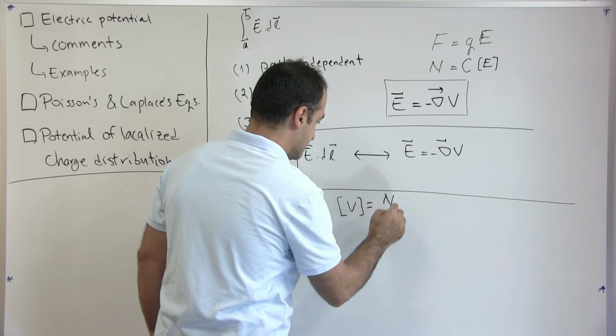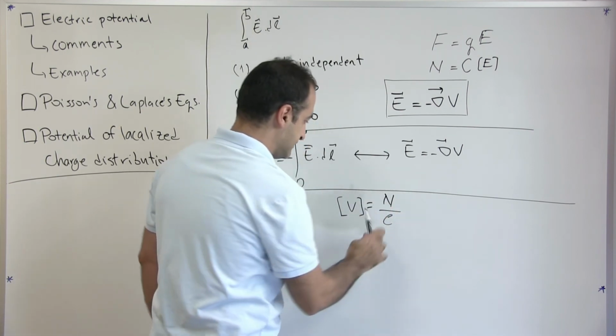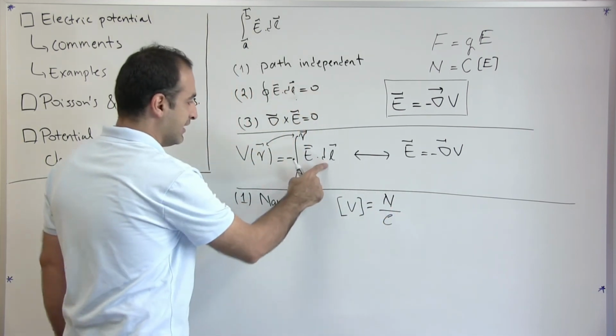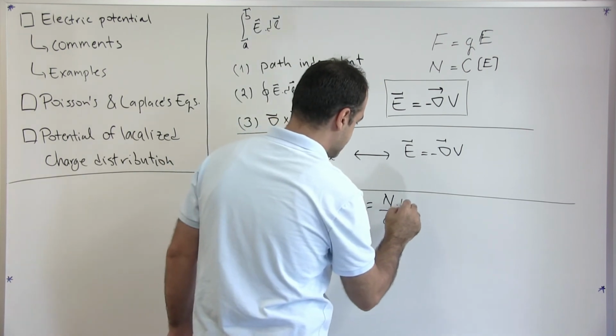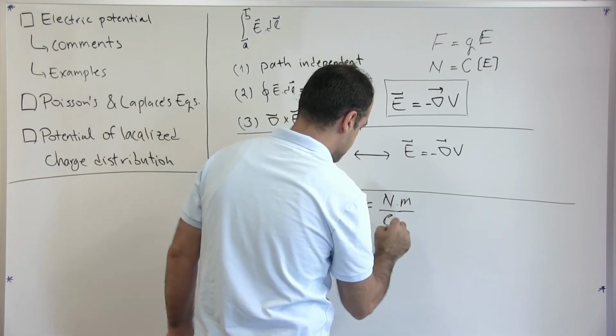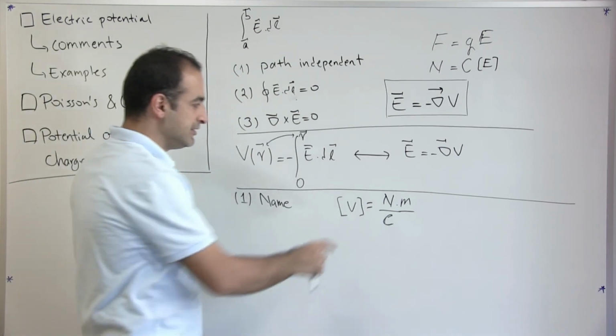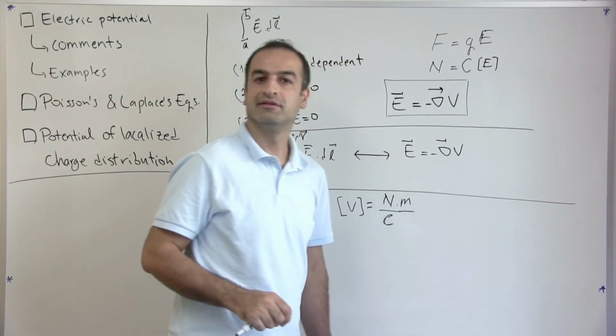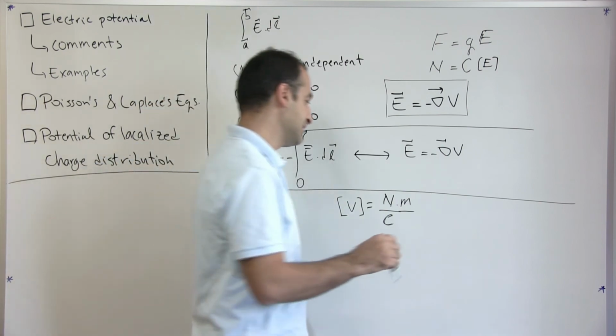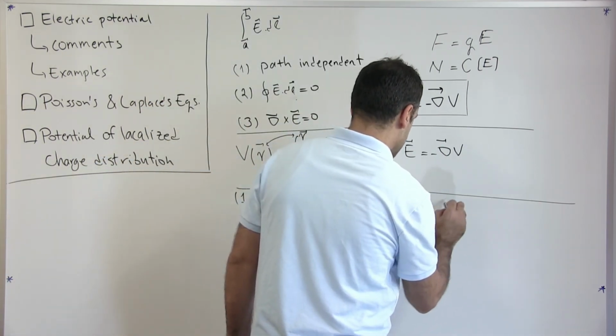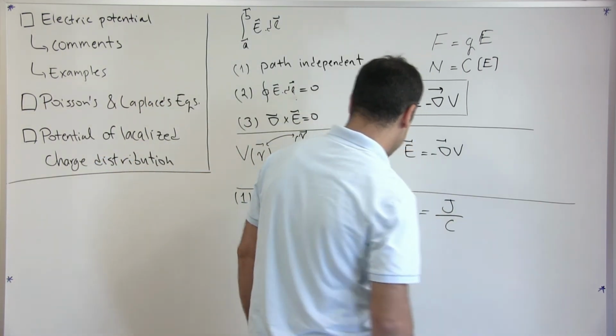So Newton over Coulomb. And then we have dl here, which is meter. These are all SI units. Newton meter over Coulomb. Newton meter is energy, right? So that is Joule over Coulomb. Okay.